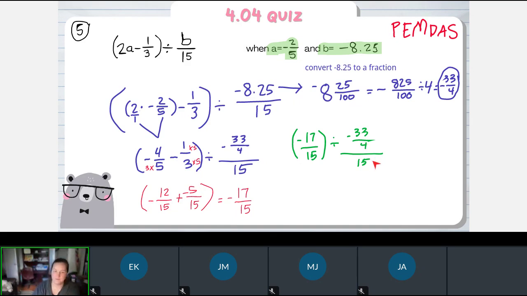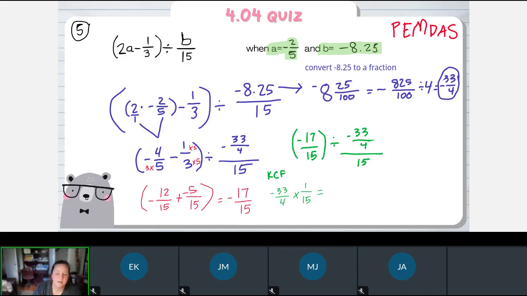But remember, we don't want to divide. We want to multiply when it comes to fractions. So we can use keep, change, flip right here. And we would keep negative 33 over 4, change to multiplication, and flip 15 over 1, which becomes 1 over 15.